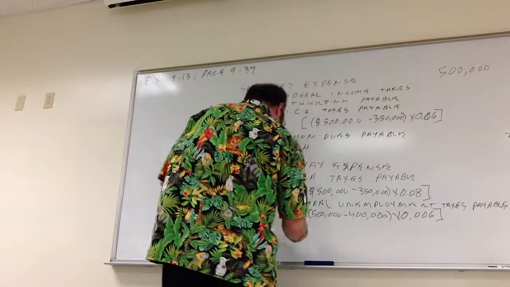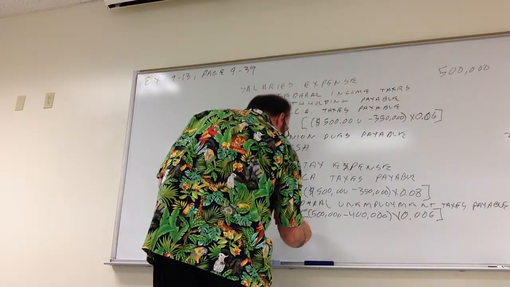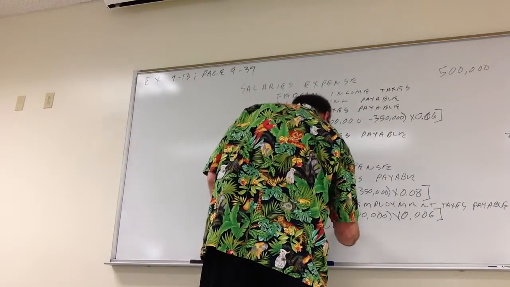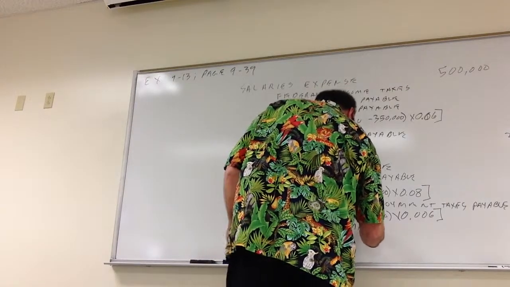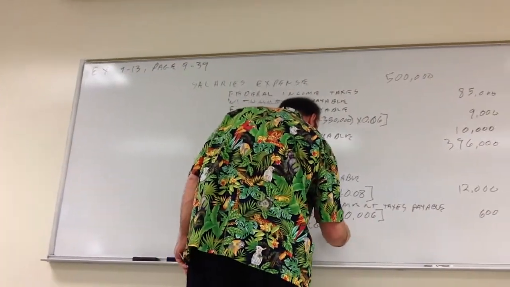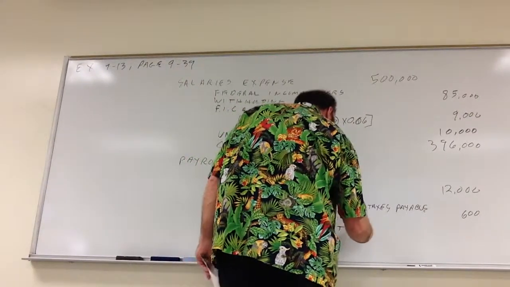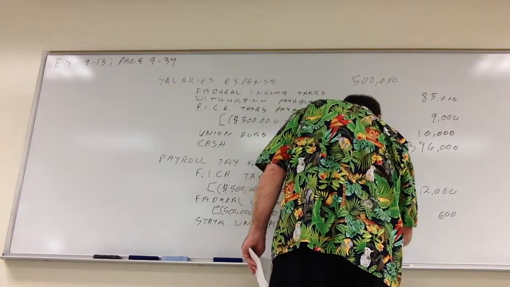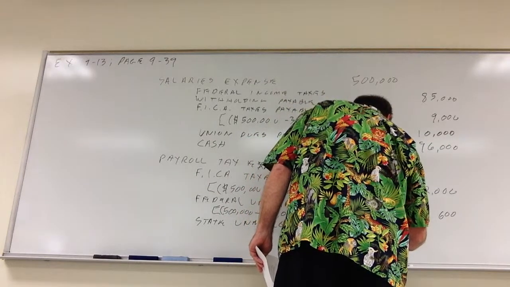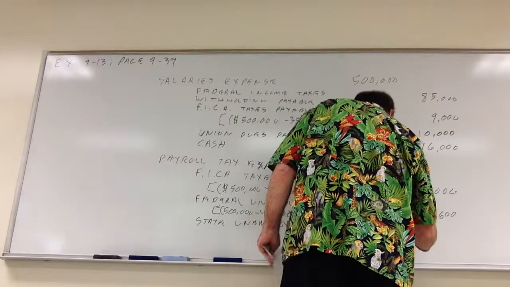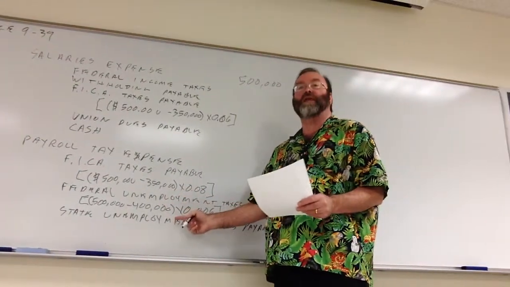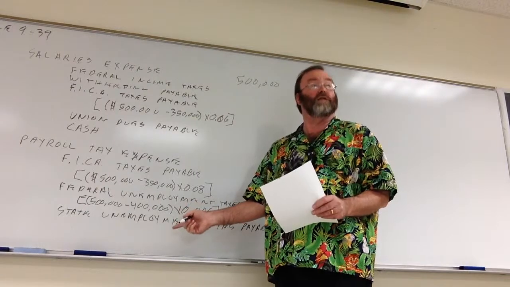And then you have the state unemployment. Yeah, isn't it great? So take that same 100,000 limit, because the 7,000 applies to the state as well as the federal.